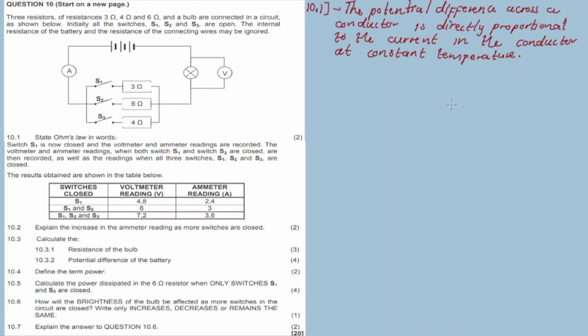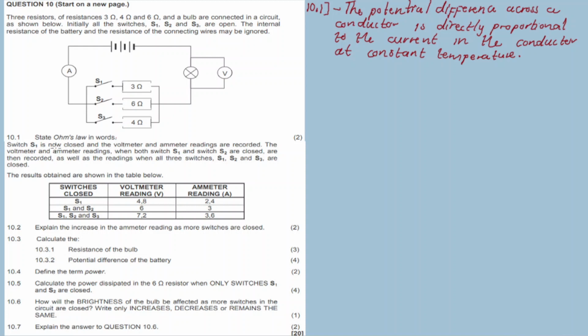Once the temperature increases, you get a non-ohmic circuit, so Ohm's law no longer applies. That is when we need to take into consideration the resistance in the conducting wires again. But here we ignore the internal resistance of the battery as well as the conducting wires' resistance. Now this is Ohm's law.